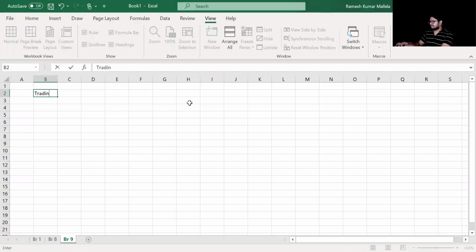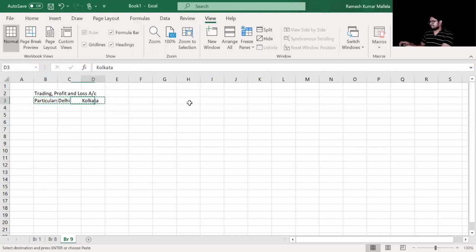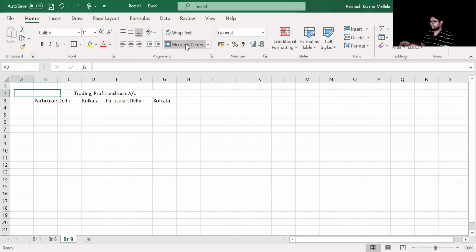So trading and profit and loss account. Particulars, Delhi, Kolkata, same again on the credit side. So this would be my heading and these are my particulars and amounts.